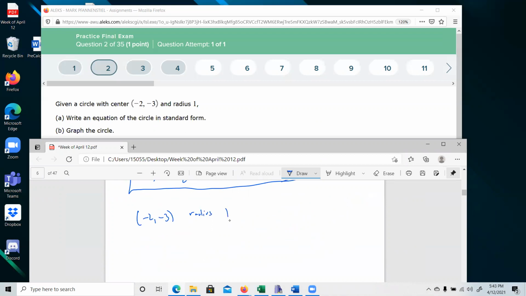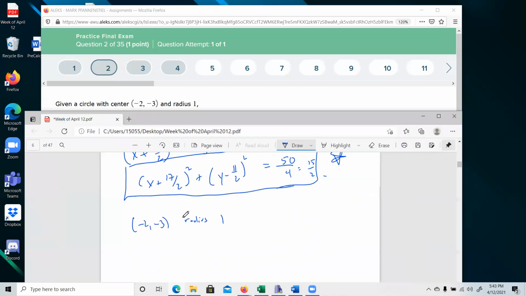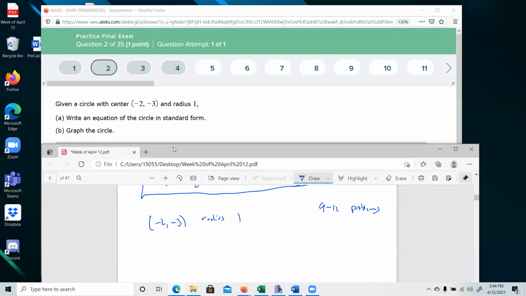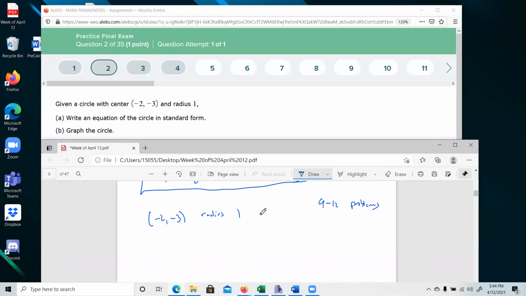Okay, so my goal right now is to give you about 9 to 12 problems where you break them out, and then I'll grade them that way. Yeah, I think that's what I'm going to have to do. So I didn't prep you guys to do any other way.